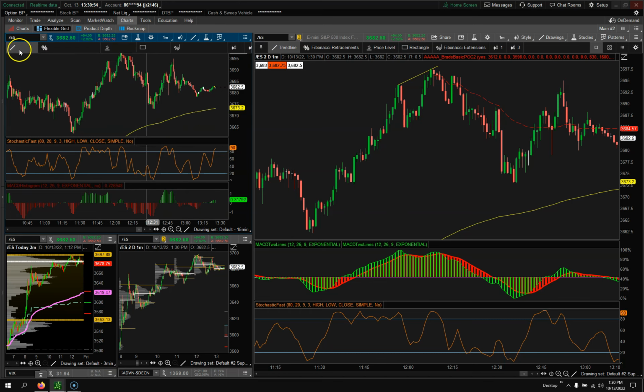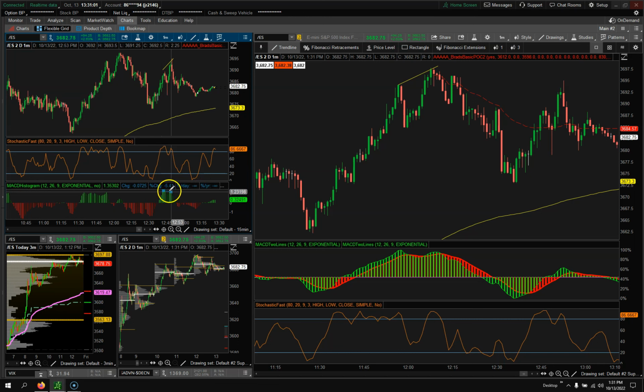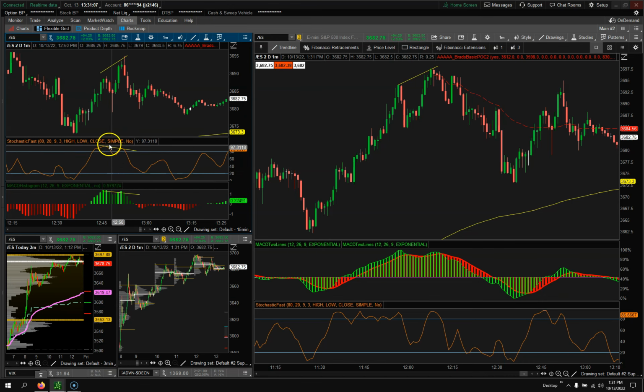What I look for is a double divergence, something like this. Look at this, we have the divergence here, and we also have a divergence here on both charts. So 2 things are lining up, and when I see a trade like that, I'll probably look to short. Sometimes I'll look for the kickback.